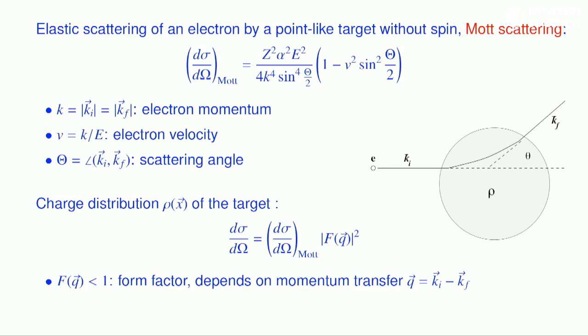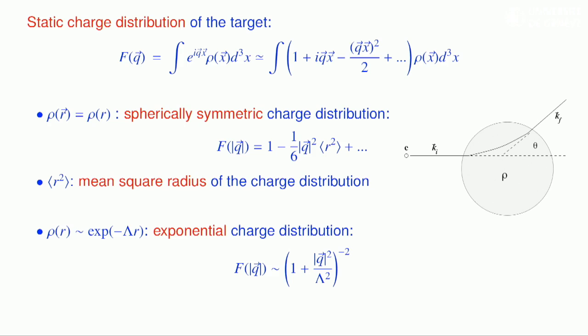If the charge instead is distributed according to a volume density ρ(x), leaving the total charge intact, the cross-section will be reduced by a form factor F(q), which is a function of the momentum transfer Q. For a static target, F(q) is the Fourier transform of the spatial charge distribution.